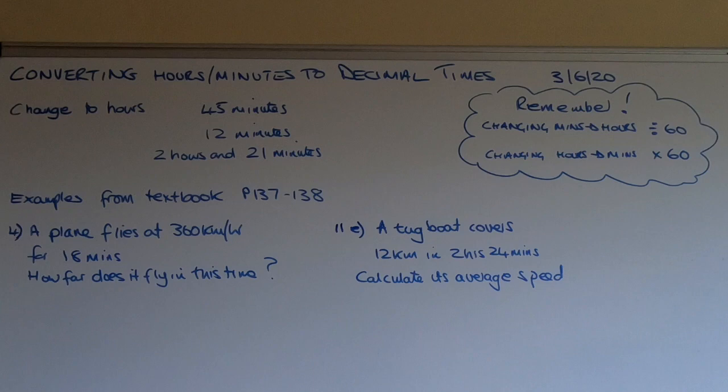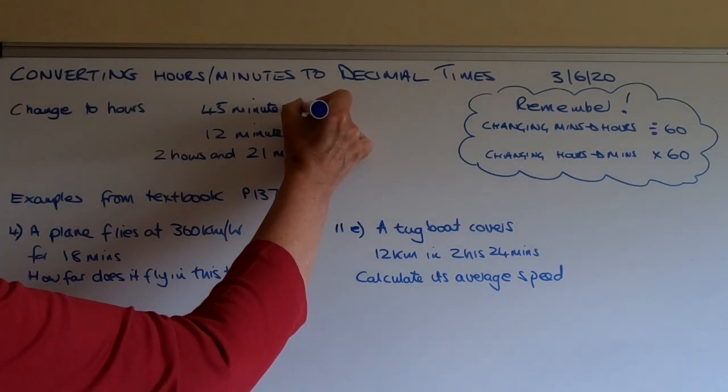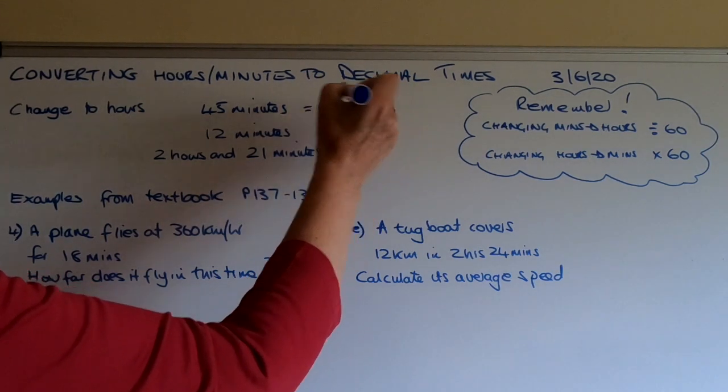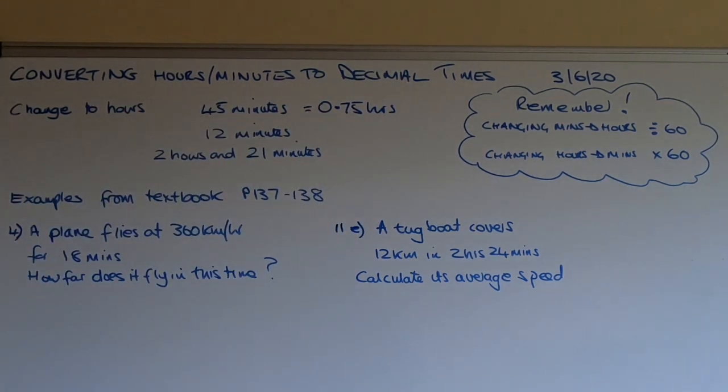So we take our calculator and we put in 45 divided by 60. If you put that into your calculator, you would get 0.75 hours. So 45 minutes, less than an hour, 0.75.